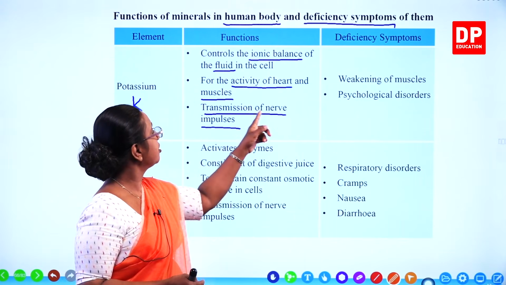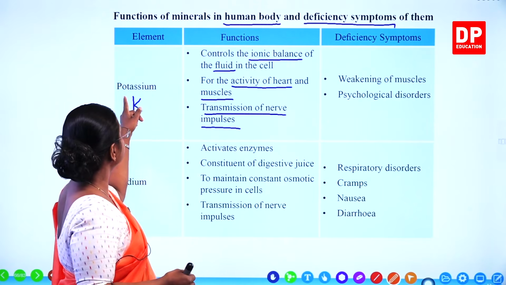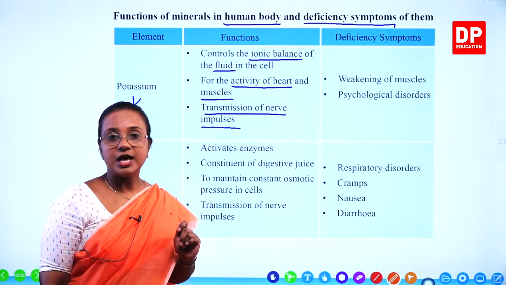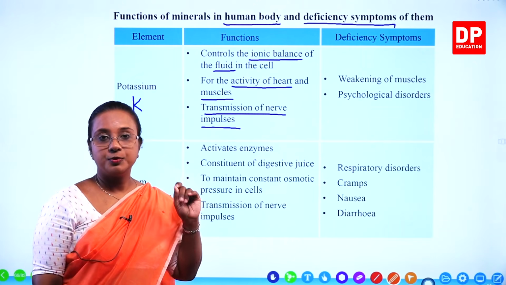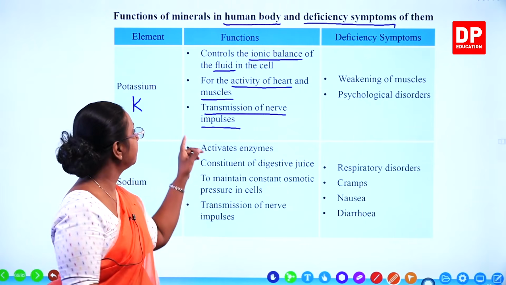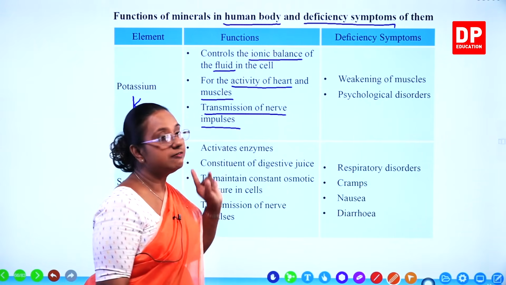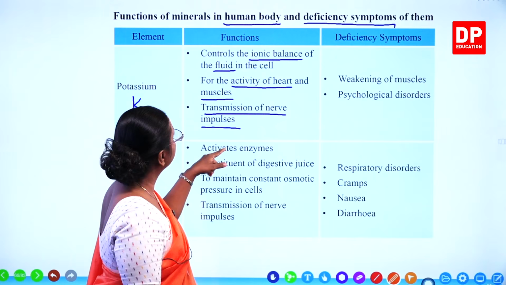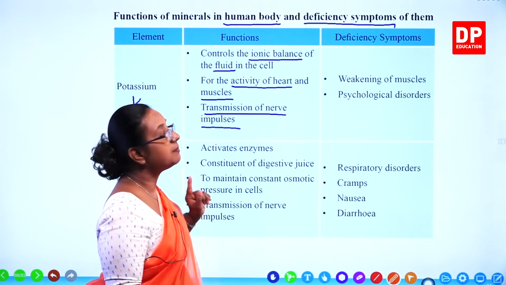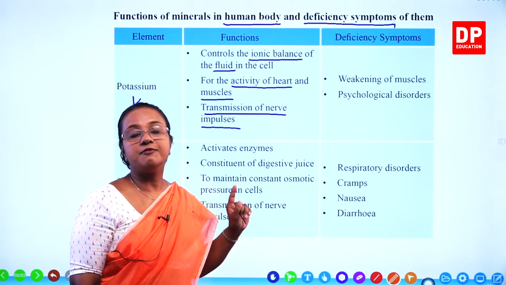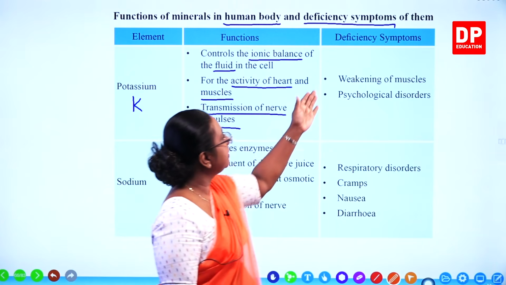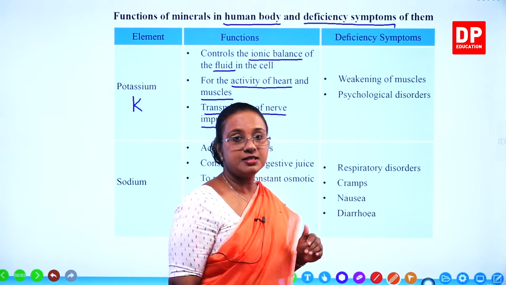So transmission of nerve impulse is done by the potassium mineral. So potassium is important for the transmission of nerve impulse. Therefore, if this potassium element is not enough in the body, there will be these deficiency symptoms.